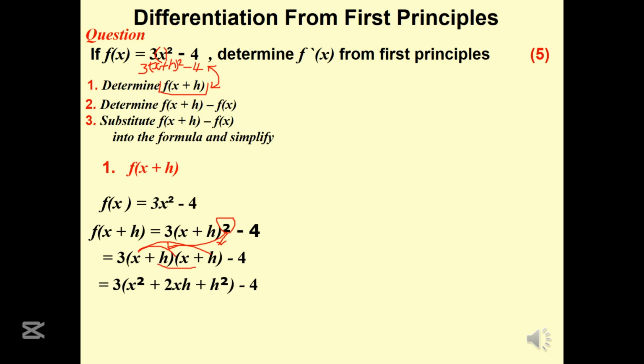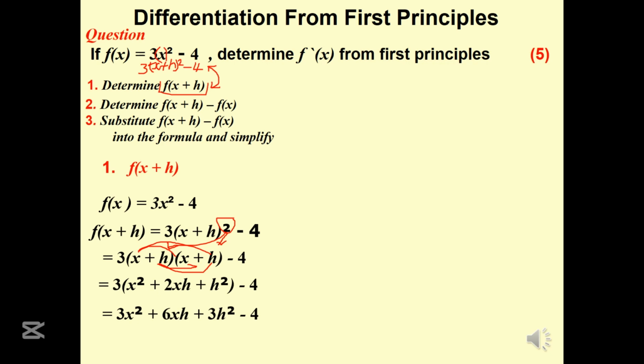This h times x also gives us xh. And h times h gives us h squared. In simplified form, it's x squared plus 2xh plus h squared. After doing this multiplication, then we multiply by 3 to simplify our answer for f of x plus h to its simplest form. That is step number 1.